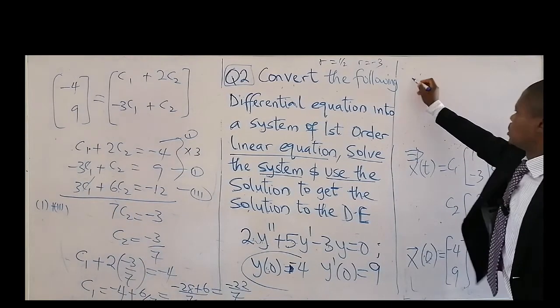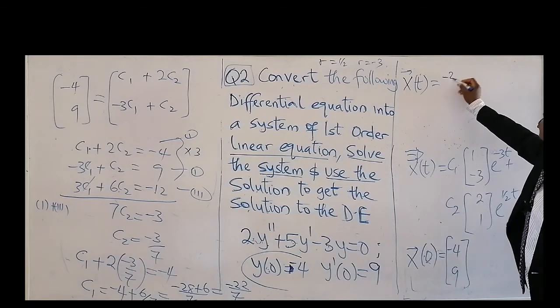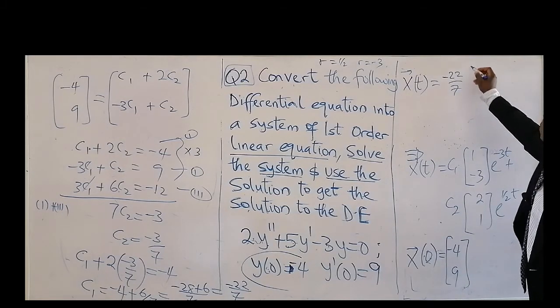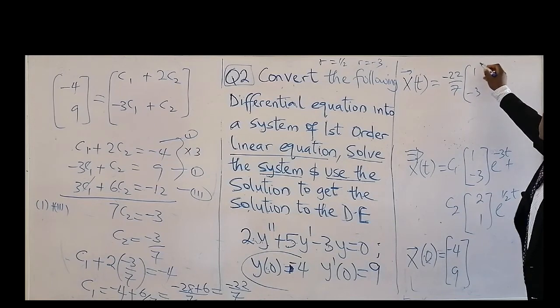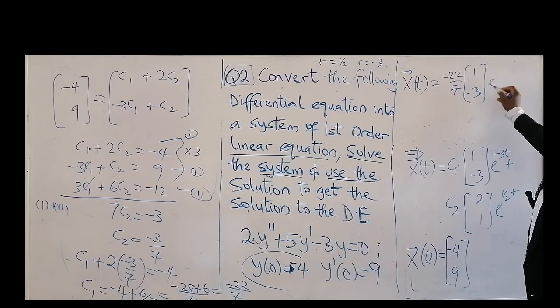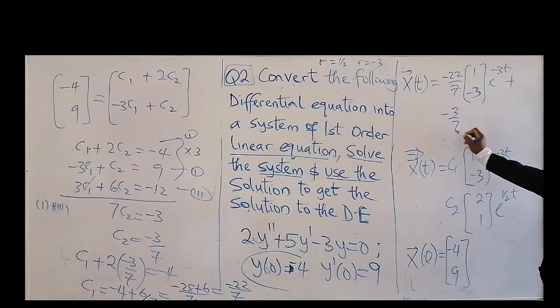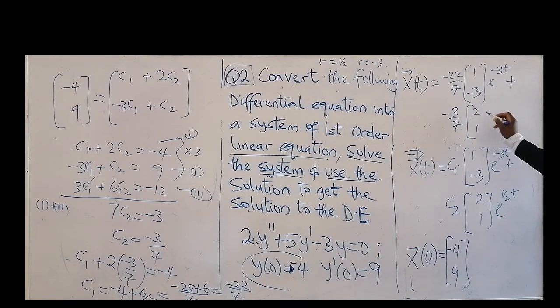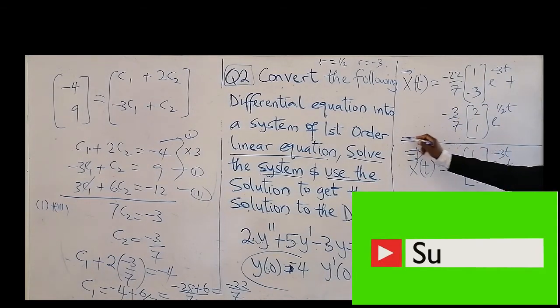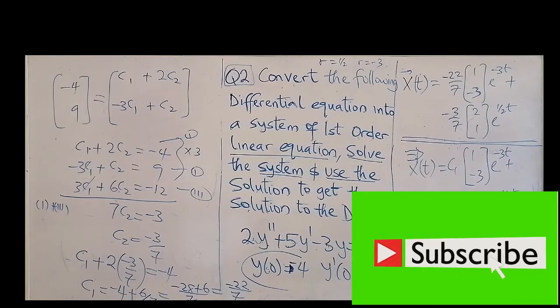So the general solution will now become minus 22 over 7 times the vector 1, minus 3, exponential minus 3t, then plus minus 3 over 7 times the vector 2, 1, exponential half t. Okay, actually this plus minus will be minus. So that's the solution for this system.